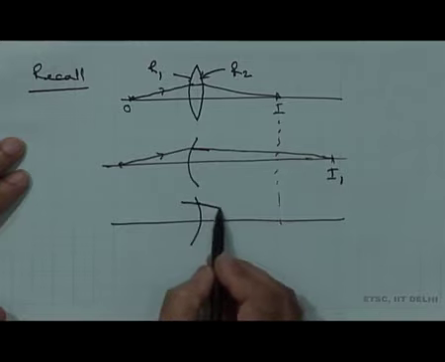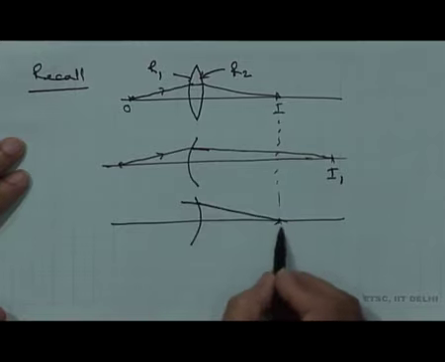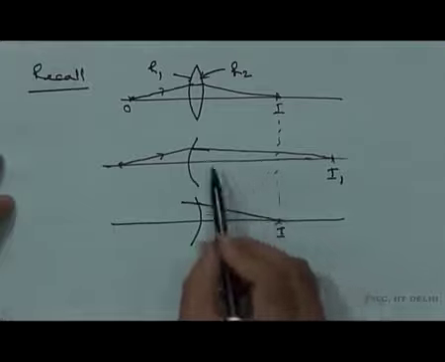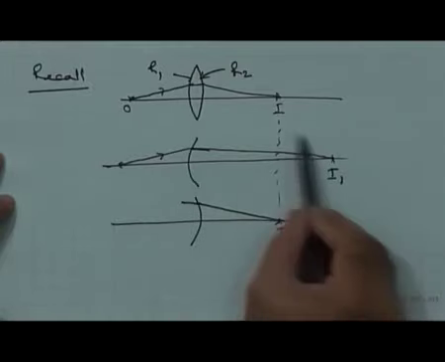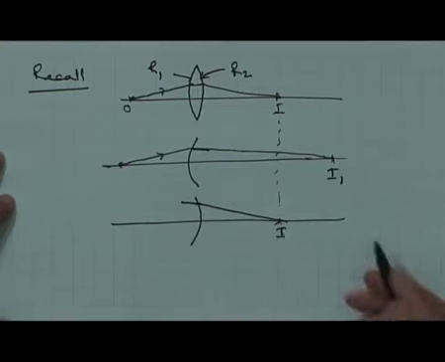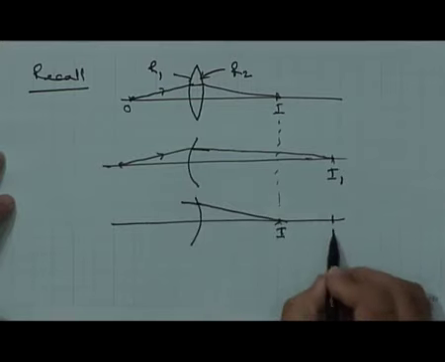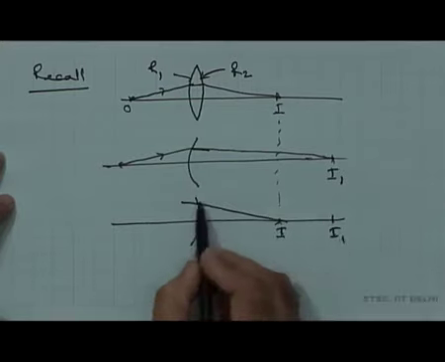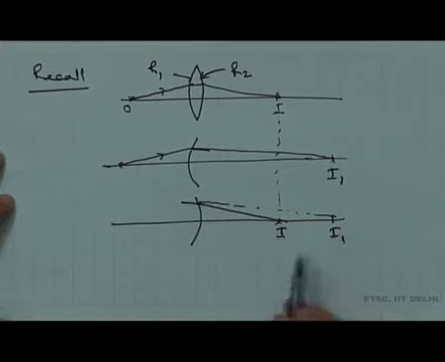So this forms an image here. This is I. We first applied the formula for this refraction and then treated this refraction, where this is I1 and this was the virtual object for the second refraction.